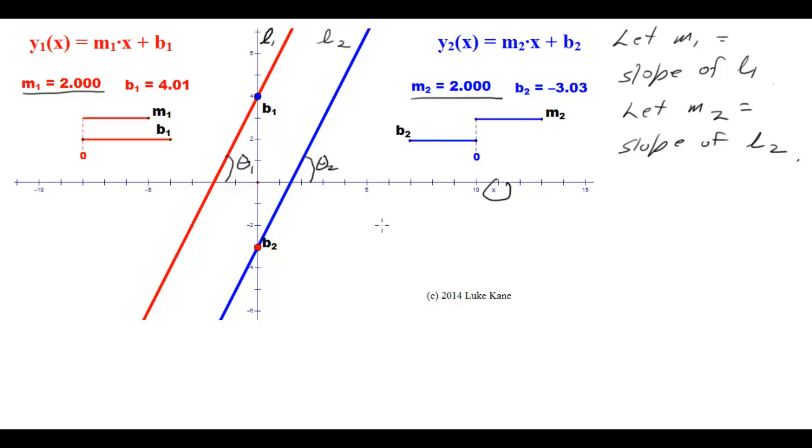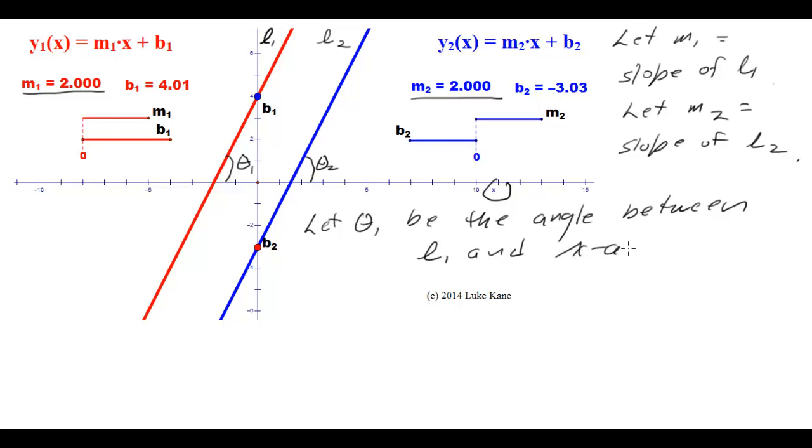All right, so we let theta 1 be the angle between L1 and the x-axis.